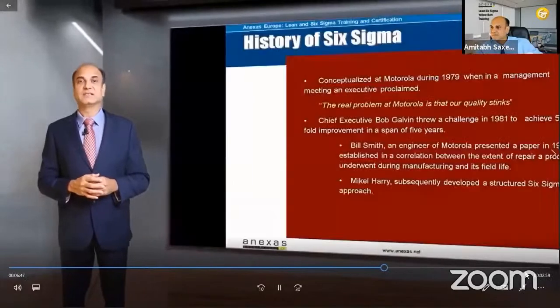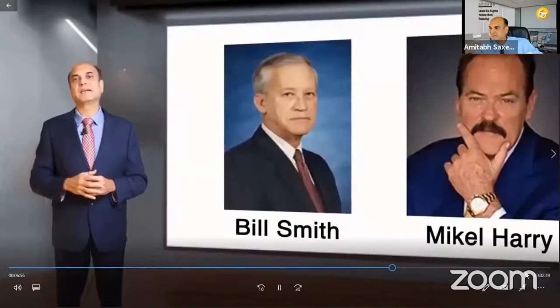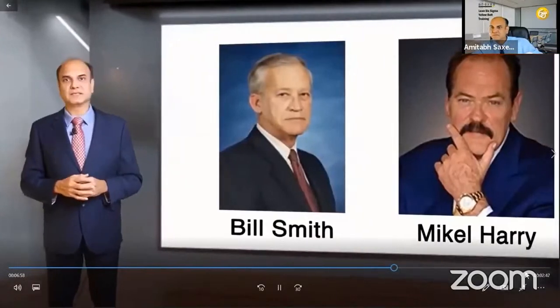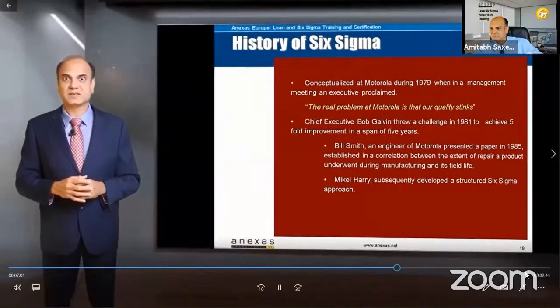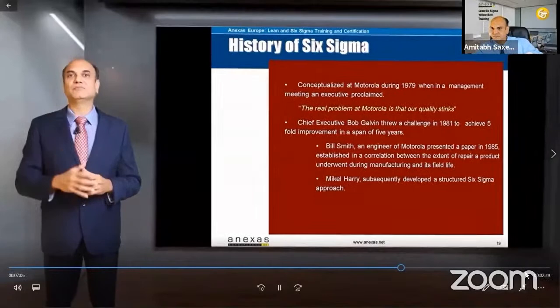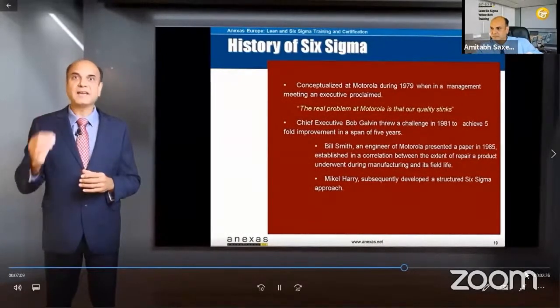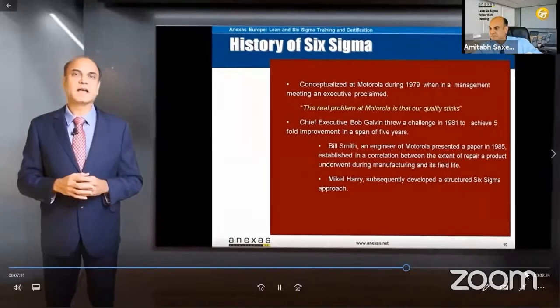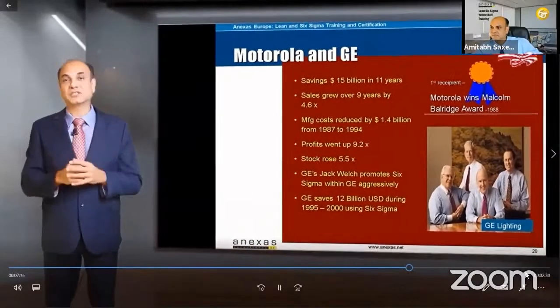And he was told about some statistical tools and techniques which Bill Smith and Michael Harry were using to improve the processes. Bob Galvin was so much impressed with what Bill Smith and Michael Harry were doing, he told them to develop a methodology which, if applied to the organizational processes, can improve the processes.